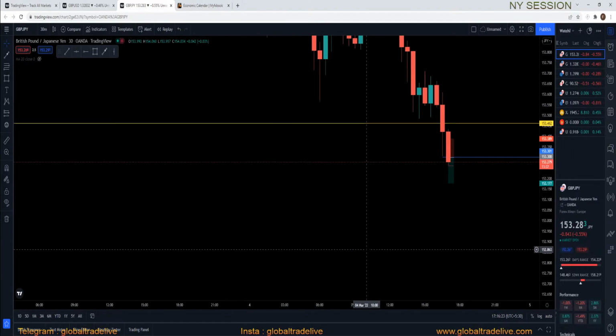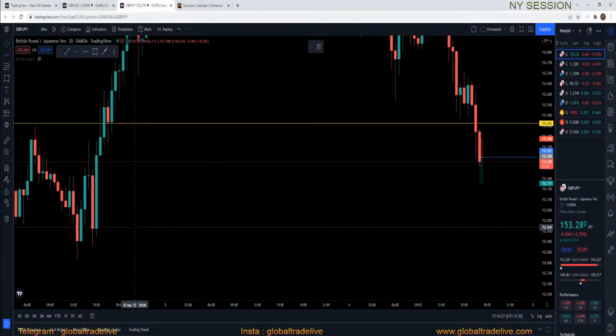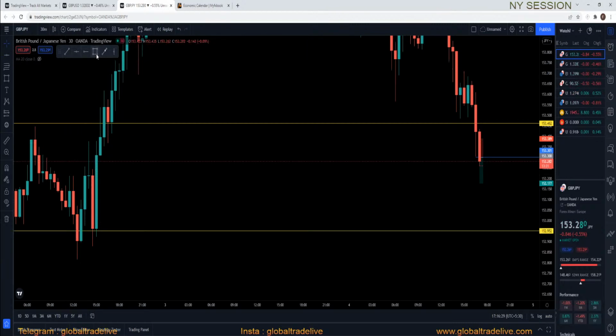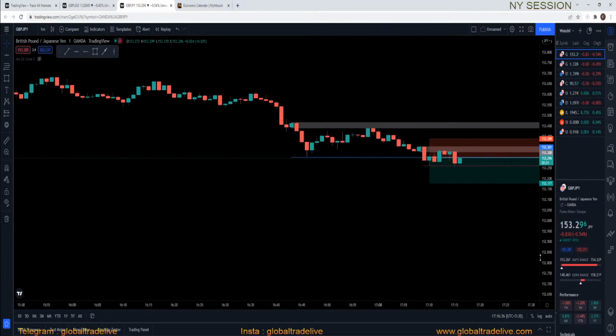But the 30-minute candle still looks good over here. Yeah, it really looks like it will be coming down to this level. So let's see.